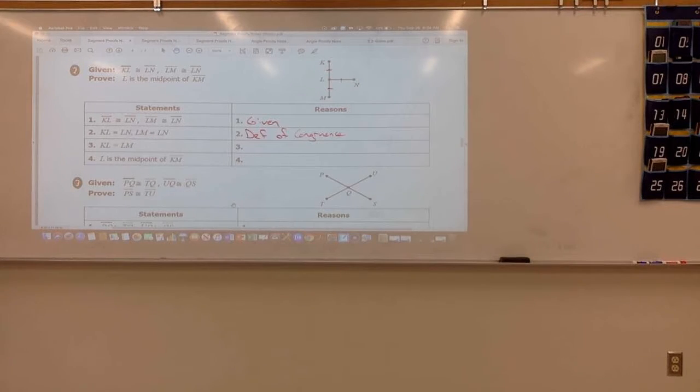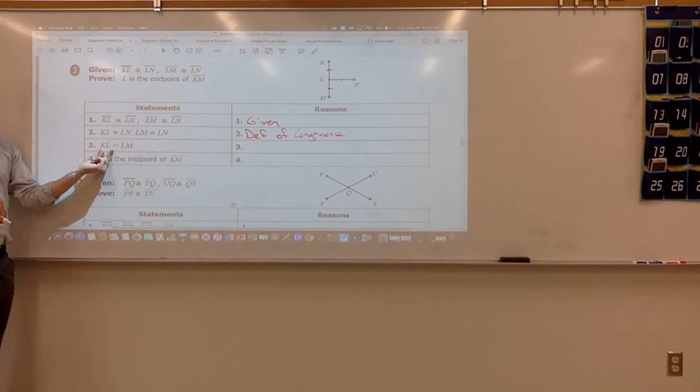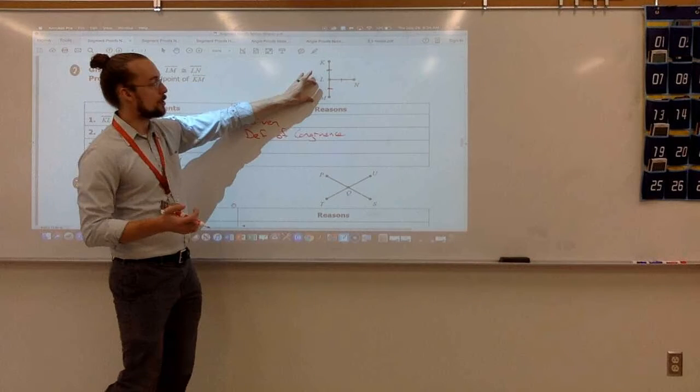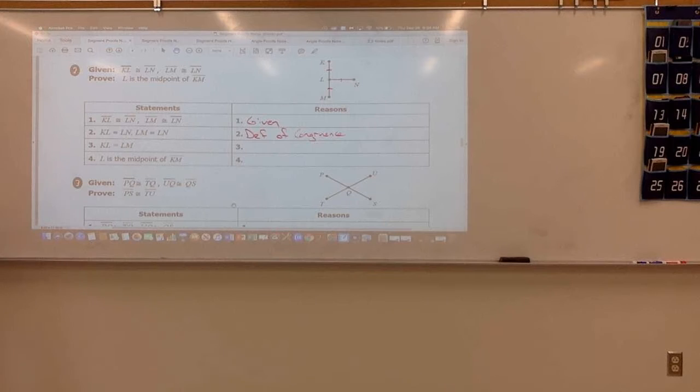We want to prove that L is the midpoint, so we can't use midpoint yet. Sebastian? Definition of midpoint? So our final line is going to be definition of midpoint. Once I prove that KL and LM are equal, then I can say that L is the midpoint. But how do I first prove that those two things are equal?